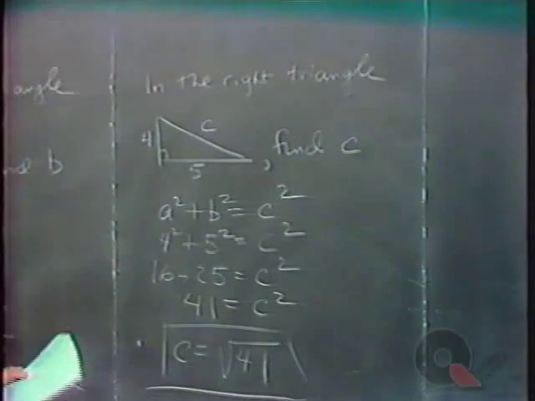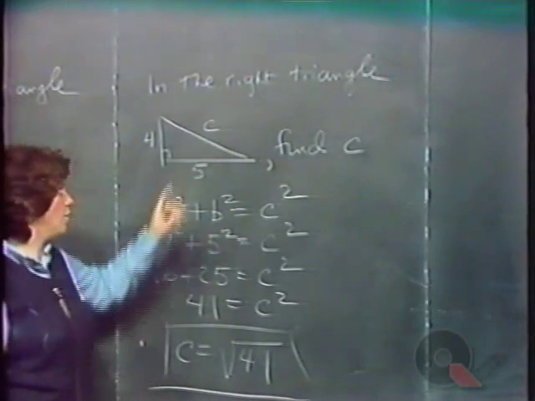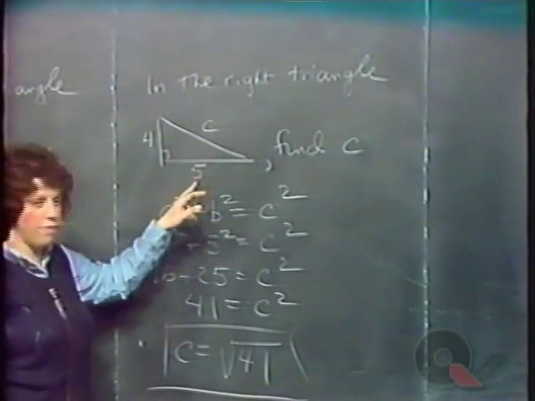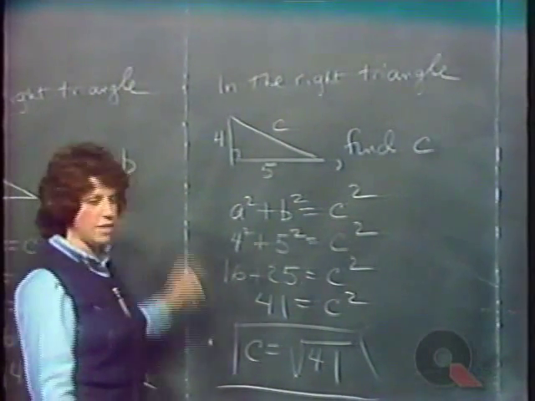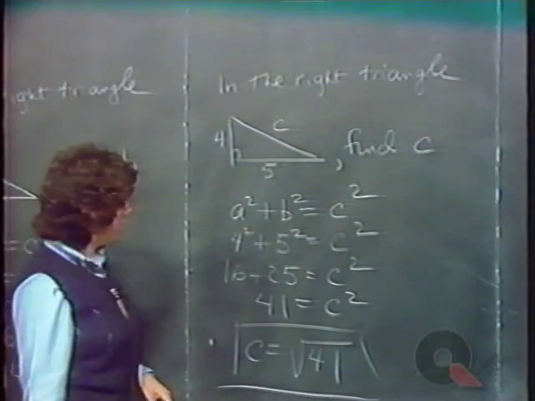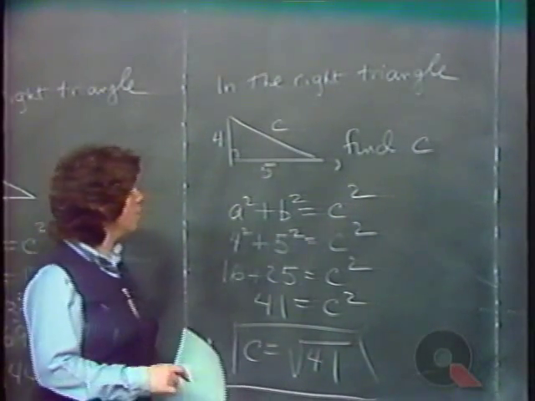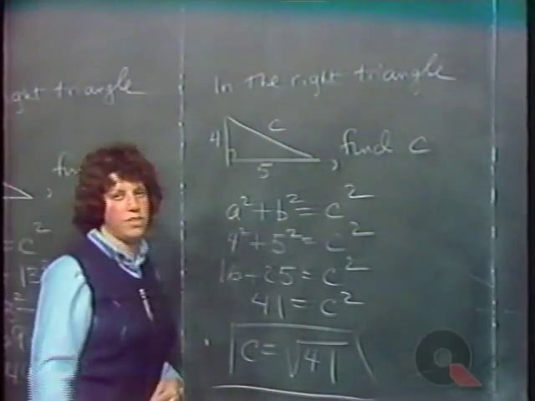And as I said, don't be surprised if 3 is one of the choices. They're trying to trap you. You've heard of 3, 4, 5 right triangles, but this is not one of them. In a 3, 4, 5 right triangle, 5 is the hypotenuse. Okay, so in this case, the answer is C is the square root of 41, and that brings us to the end of this tape.